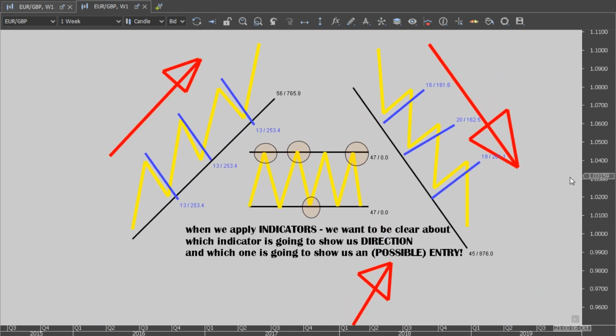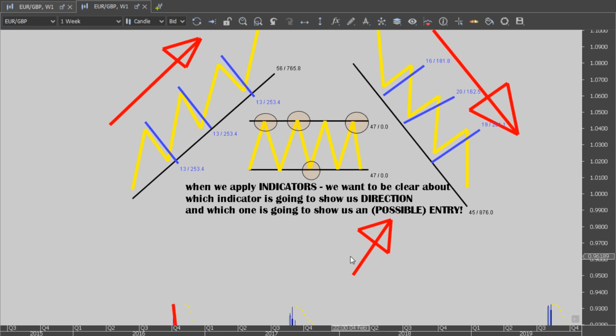Okay, so this is for the beginner traders, everybody. Don't mix, and be aware that not all indicators are for direction, and not all indicators are for entry.